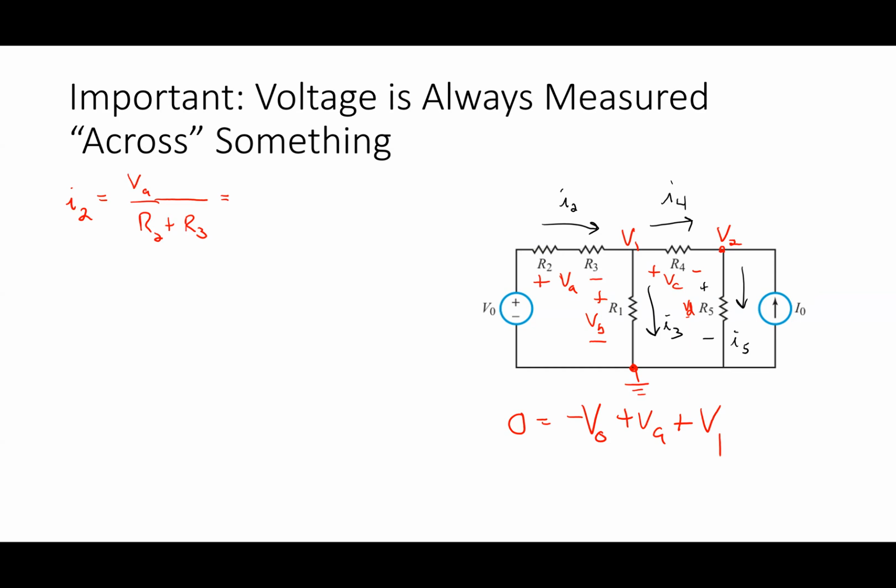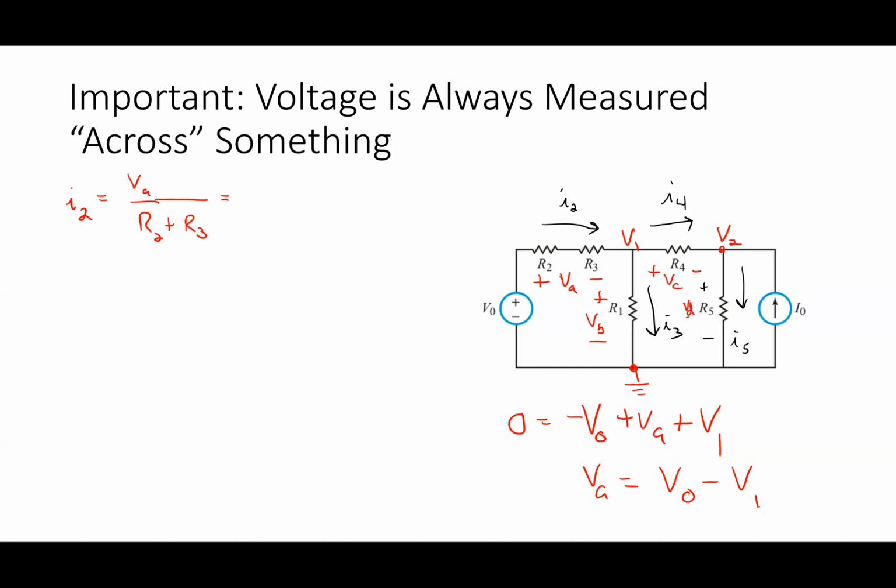And so I see with that VA has to be equal to V0 minus V1. So what I did here is I just defined the voltage across that resistor in terms of the node voltage. That should always be the case.